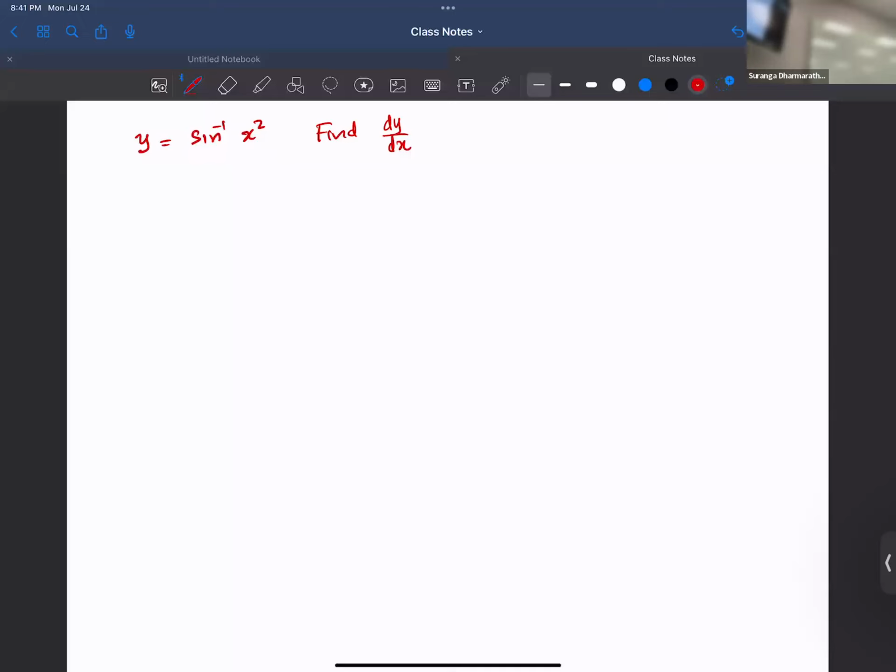So you can use the equations that we learned for sine inverse x.